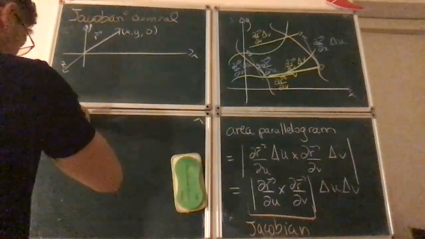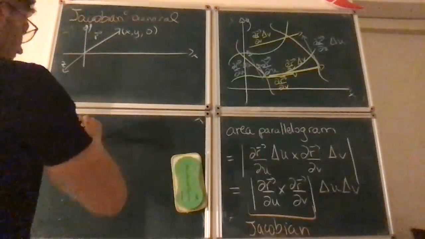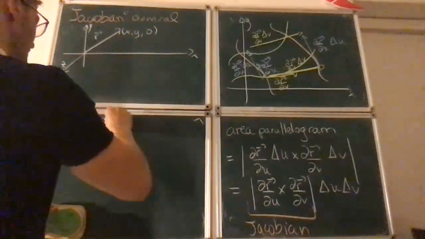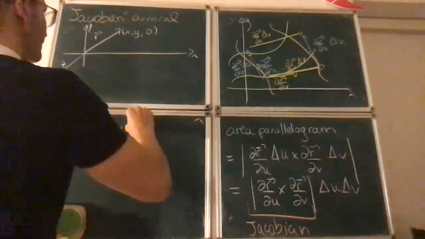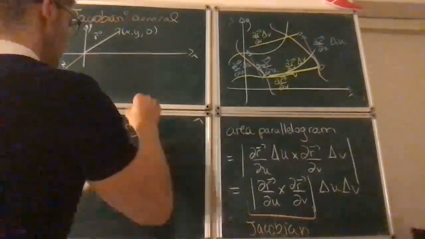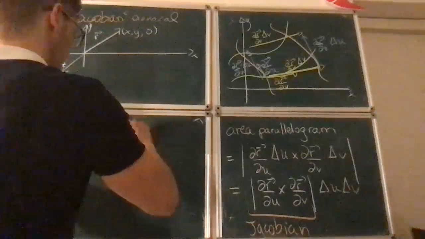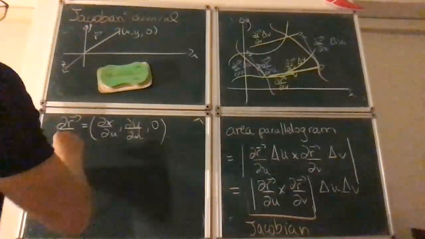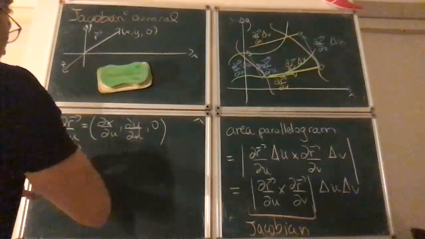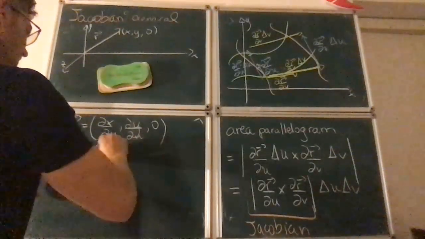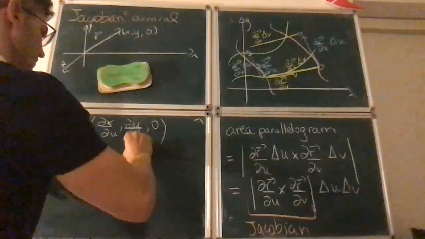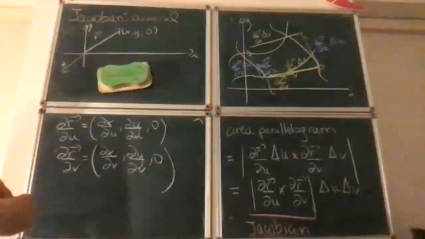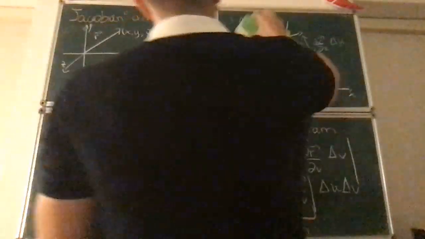The partial derivative of r with respect to u is the partial derivative of x with respect to u, the partial derivative of y with respect to u, comma 0. And the partial derivative of r with respect to v is the partial derivative of x with respect to v, the partial derivative of y with respect to v, comma 0. Okay, so we're going to take the cross product between these 2 vectors.